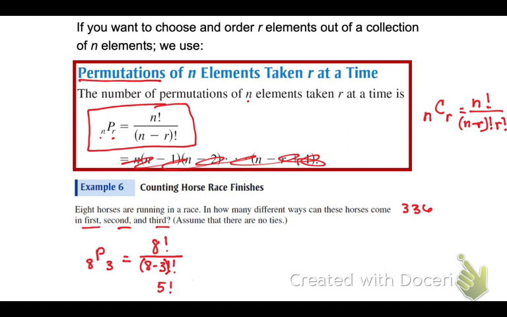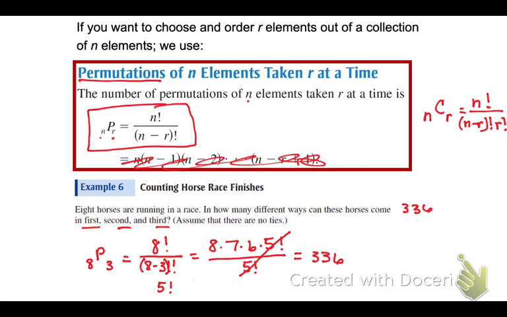So now we're going to reduce that. And remember, we're not going to write it all out. We're going to write 8 times 7 times 6 times 5 factorial. Why did I stop at 5 factorial? Because I can reduce it out. And 8 times 7 times 6, unless we did it wrong the last time, is still 336.